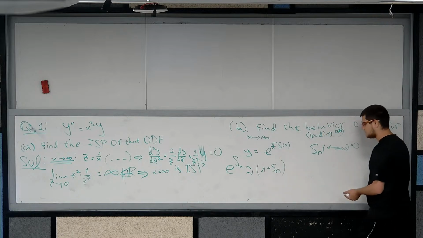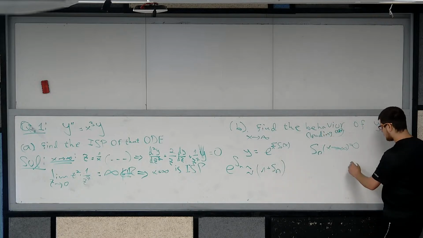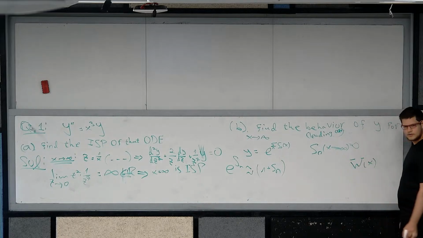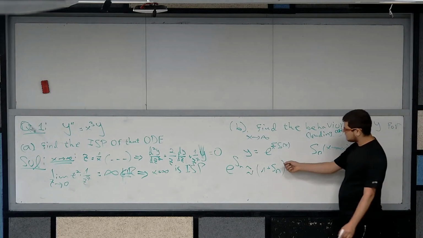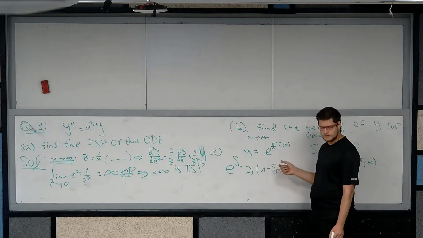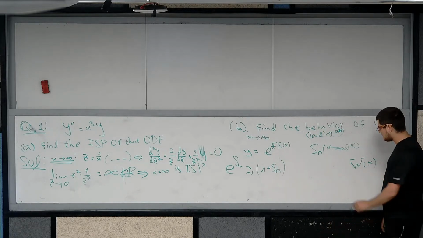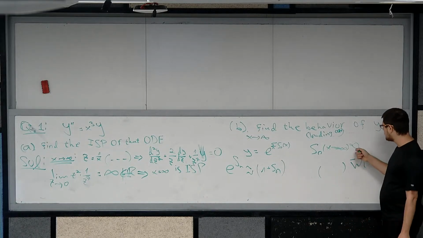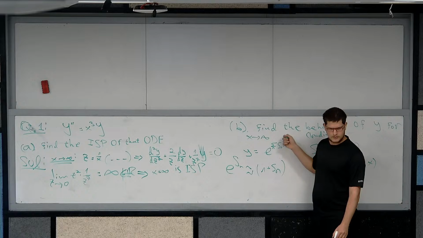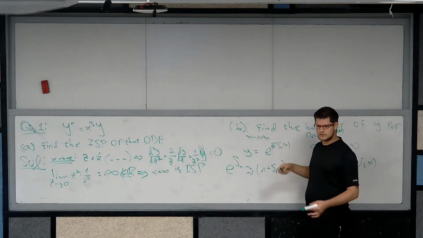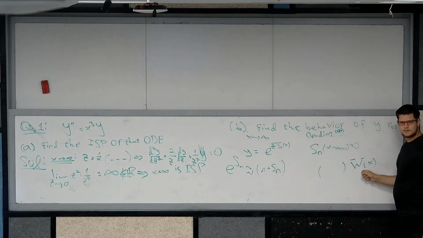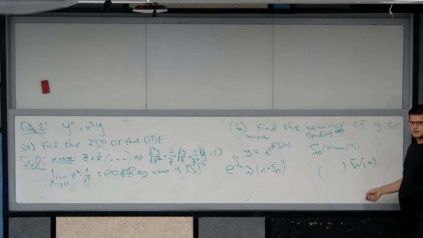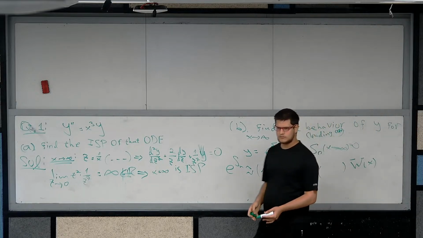To find Sn, you multiply by W of x, because it will be much easier to work with a given function times W of x than something in the exponent, because this will give you a linear equation that we already discussed how to solve.